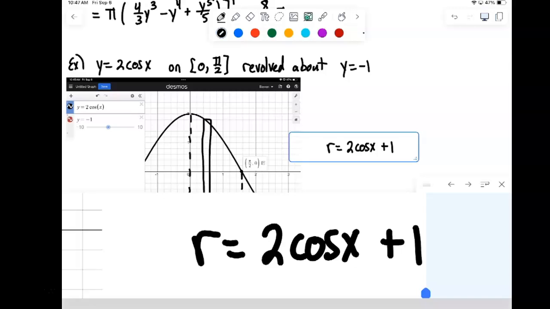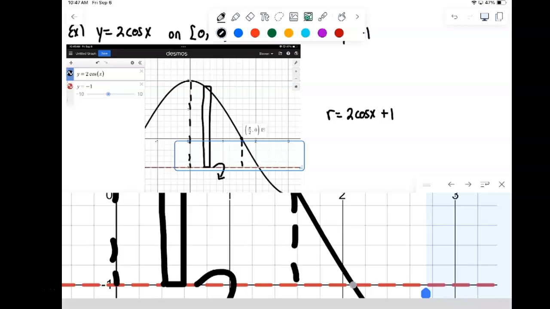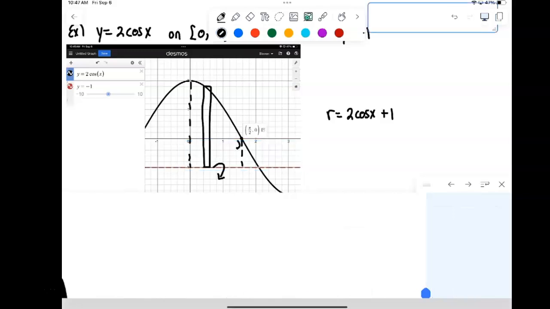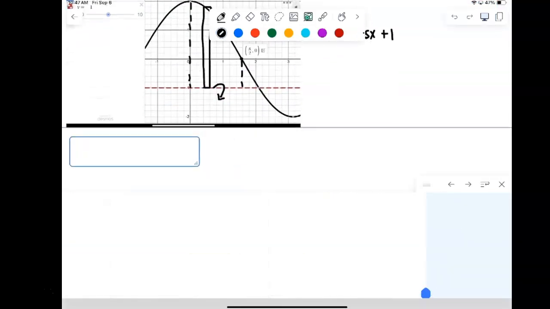Okay, so that's our radius, and then it's just touching it, so again we're just doing disk. Okay, and so let's set about doing that now.